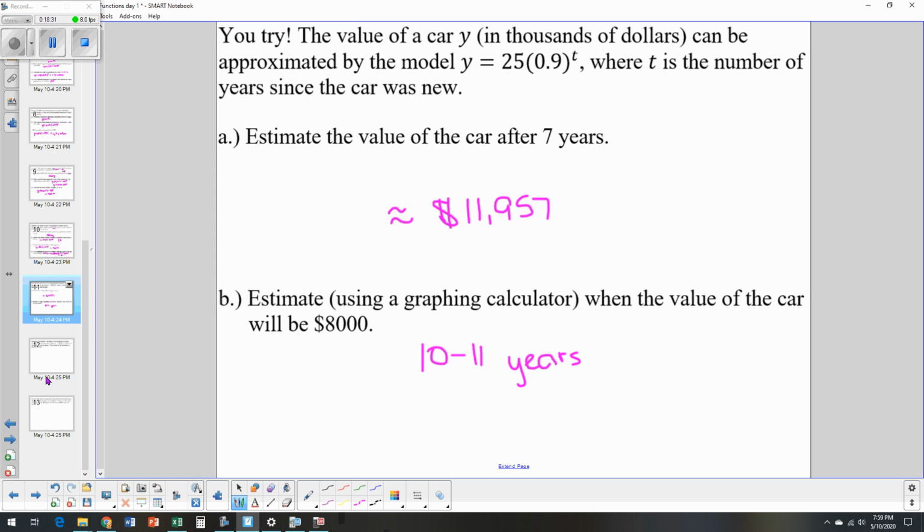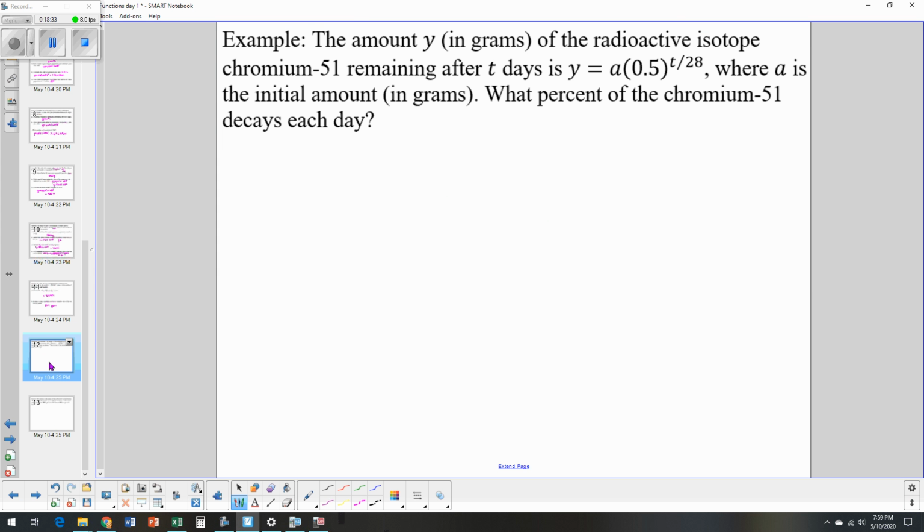All right, almost done here. The last kind of problems we're going to talk about are radioactive isotopes. So they're telling us the amount of a radioactive isotope left after t days is given by this equation. A is the initial amount. We don't need to know the initial amount because they just want to know what percent decays each day.